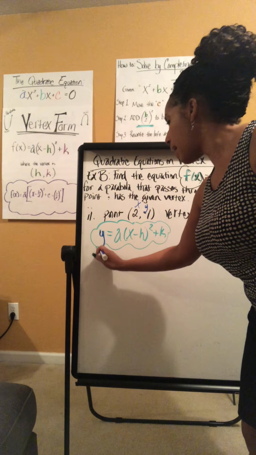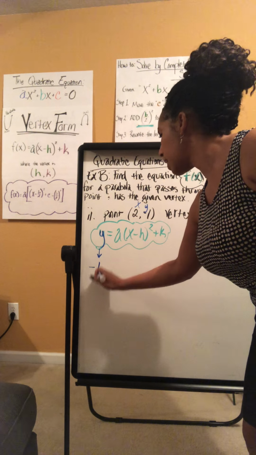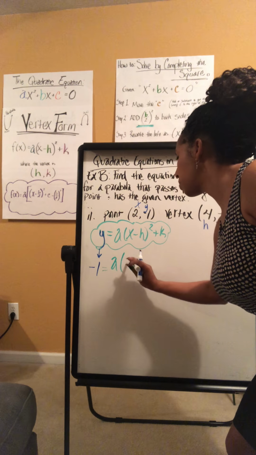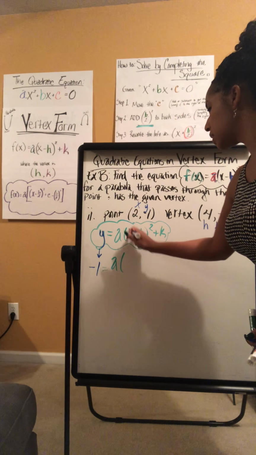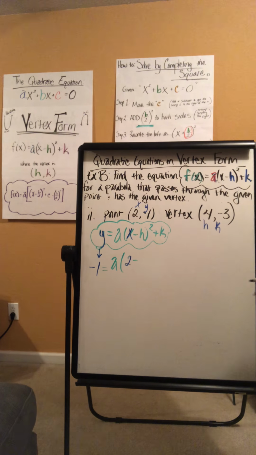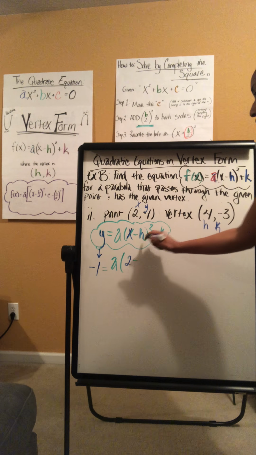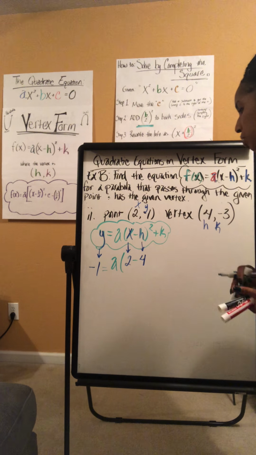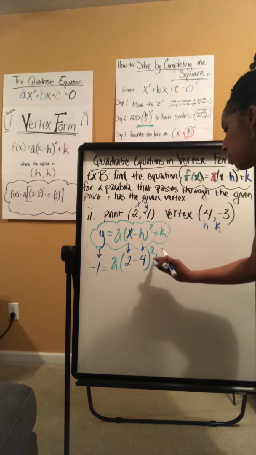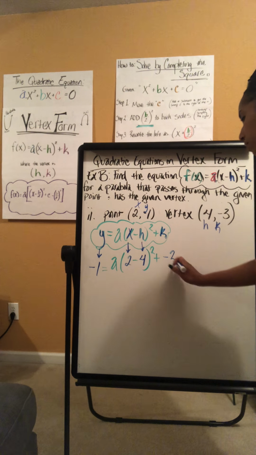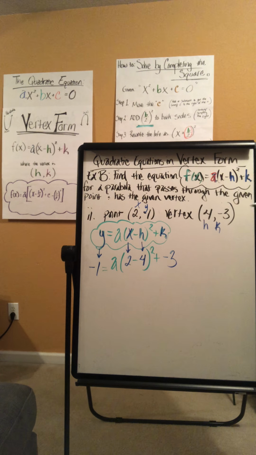So instead of y, I'm going to fill in the number negative 1 equals a, I don't know, that's the point to solve it. X is the number 2 minus h. H is the number 4. So fill in the x, I fill in the h. In the parentheses, squared plus the k, and the k is the number negative 3. All right, so I'll just simplify what I have.